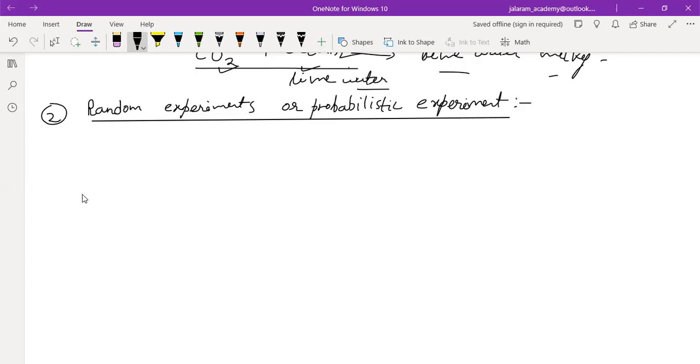For example, the experiment of throwing a die is a random experiment. We all know there are 6 outcomes related to it.